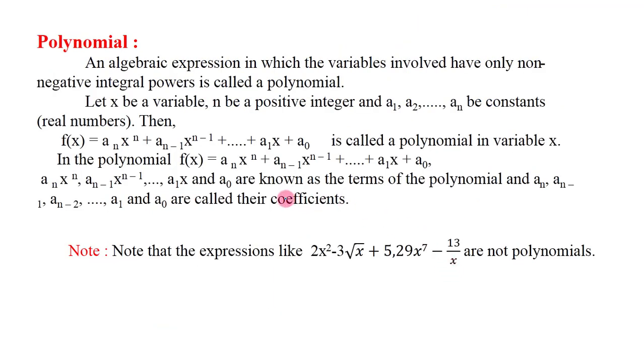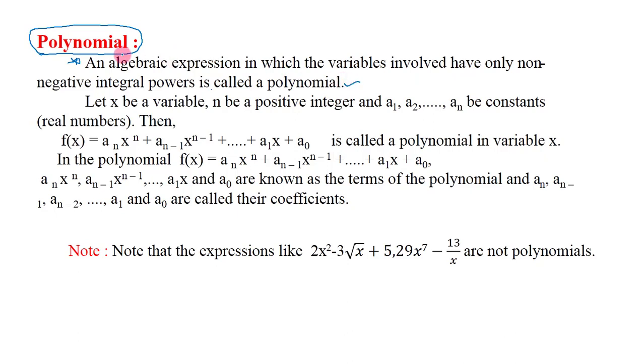Let us see the next slide. That is our topic, polynomial. Firstly, you should understand the polynomial definition, so that we can do better in our chapter. An algebraic expression in which the variables involved have only non-negative integers as powers is called a polynomial.